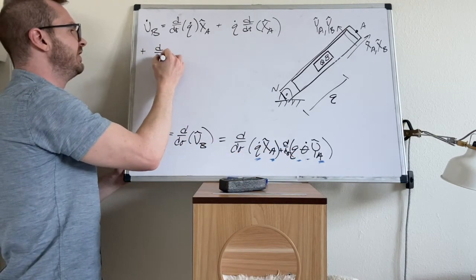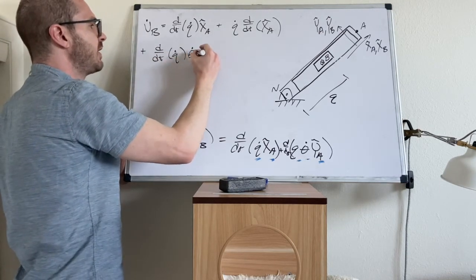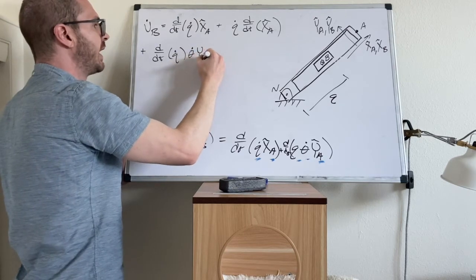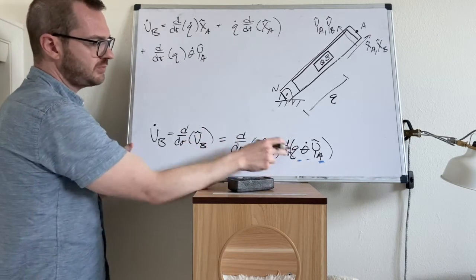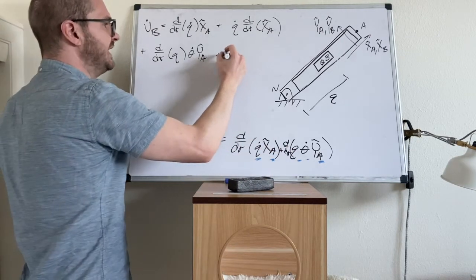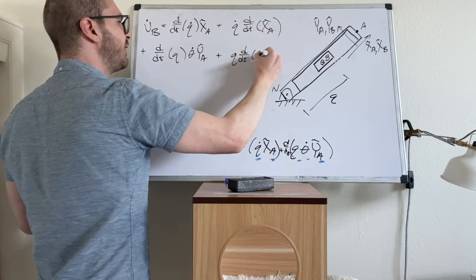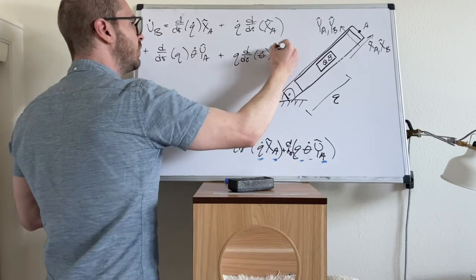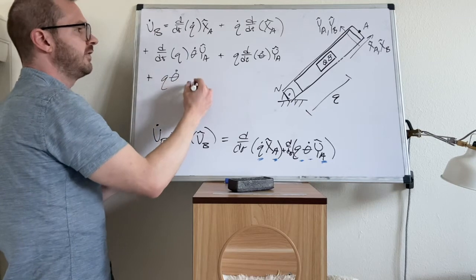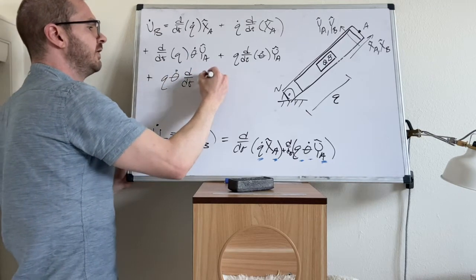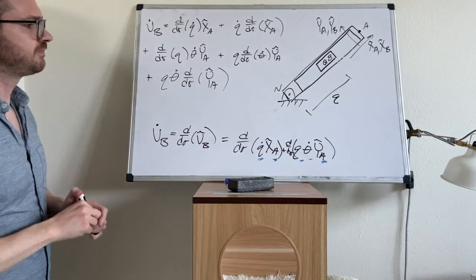So the first is ddt of Q, and then that is multiplied by theta dot y hat A. It's just ddt of Q. The next term in this expansion is going to be Q ddt of theta dot y hat A, and then the final term is going to be Q theta dot ddt of y hat A. All right.